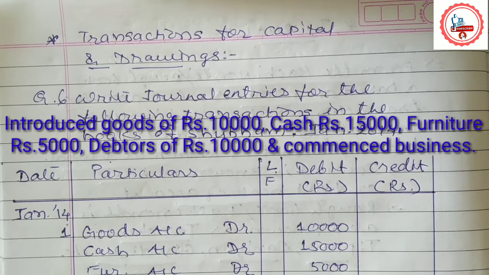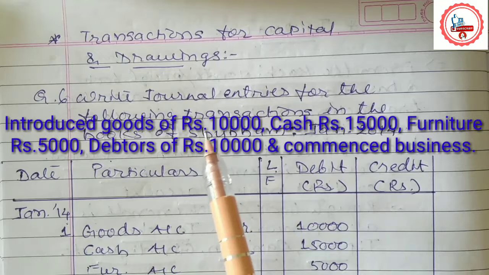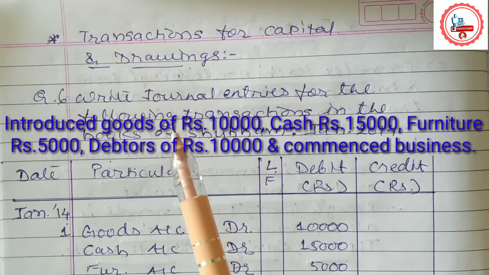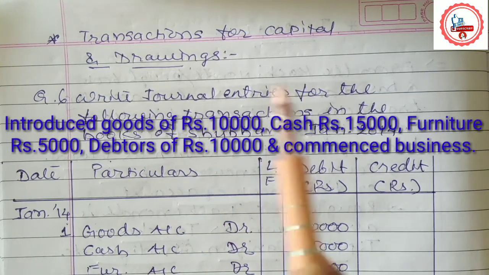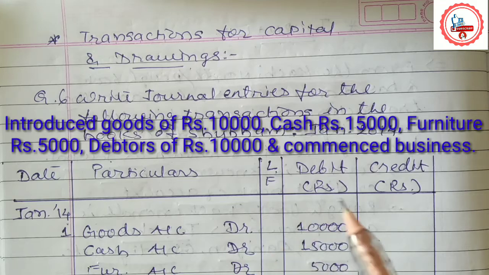Commenced business means the owner, Shubham, has started the business and brought cash, goods, furniture, debtors into the business. Now understand first of all the type of account, the accounts which are being involved in the transaction, and adjust as per your debit credit rule.